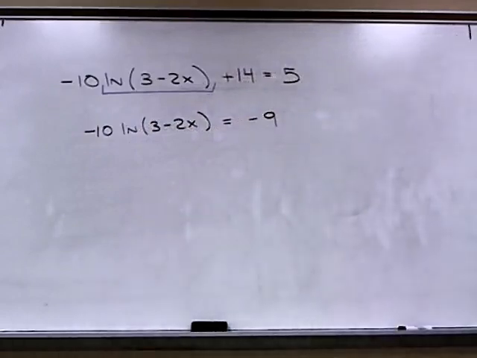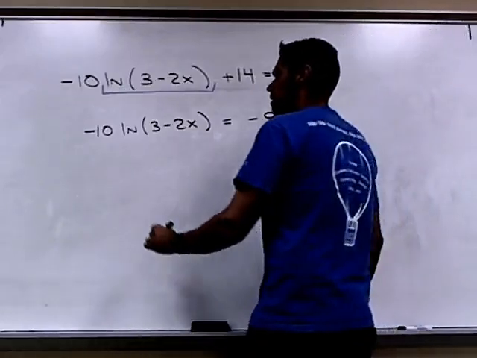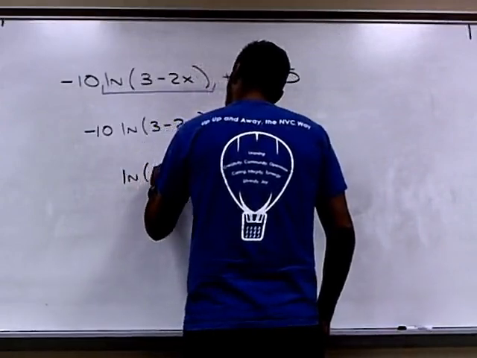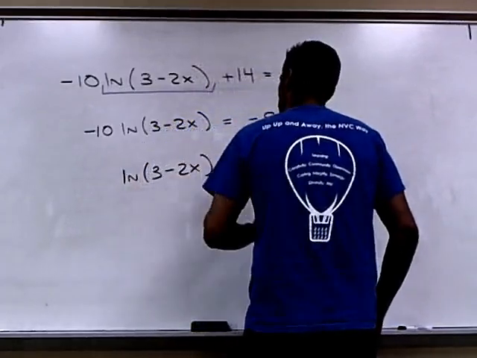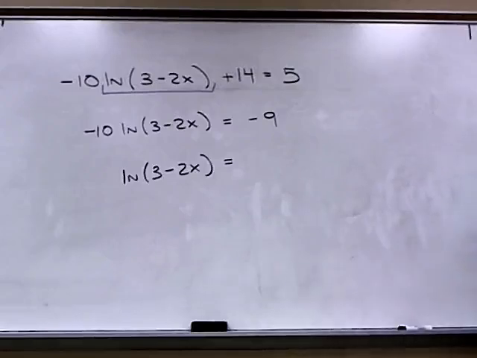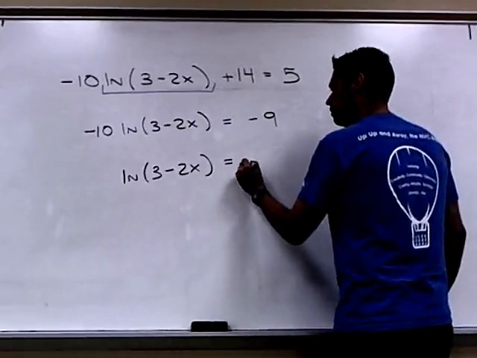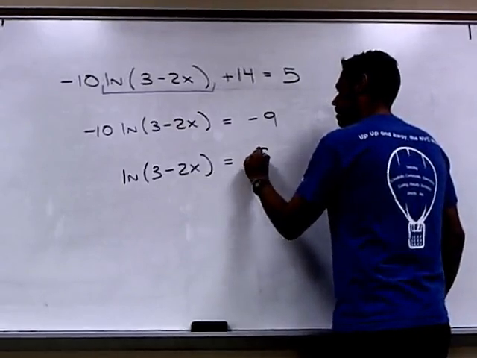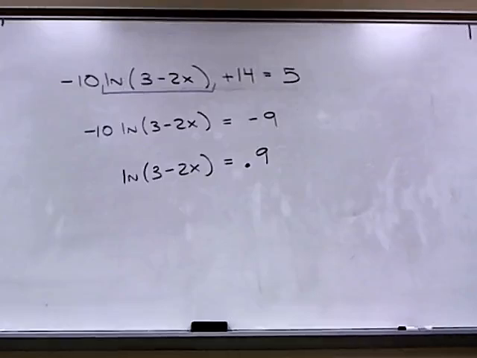Now divide both sides by negative 10, and you get 9 over 10. What's 9 over 10? 0.9. Do we have the log isolated? Yes. So now the loop. What's the tricky part of the loop here?